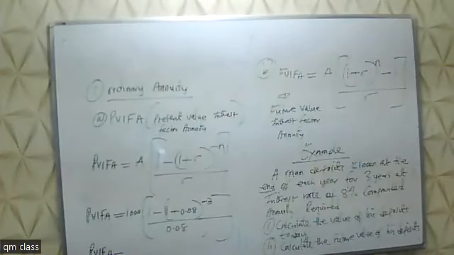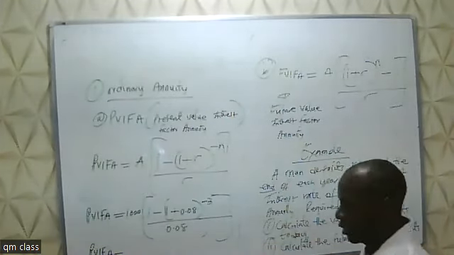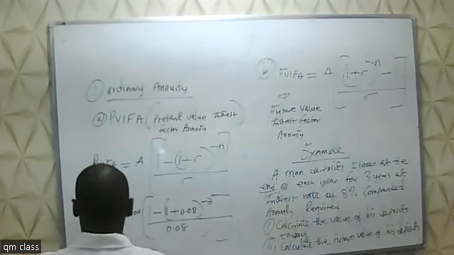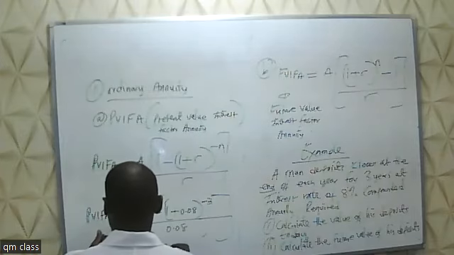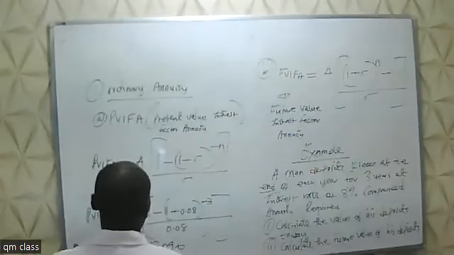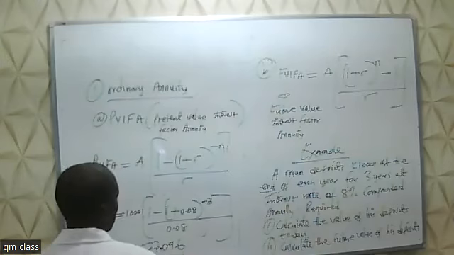So 1 minus 1.08 to the power -3, okay, then divide by 0.08, then multiply by 1,000. So we are getting 2,577.096. So this is the present value of his deposits.